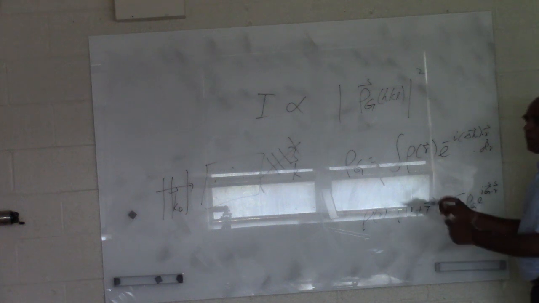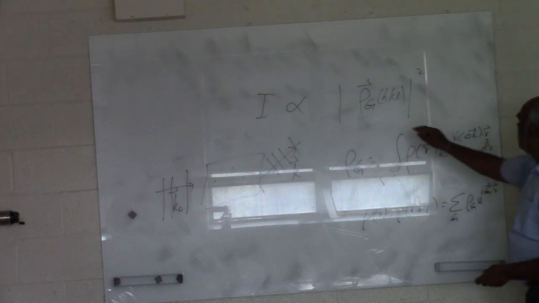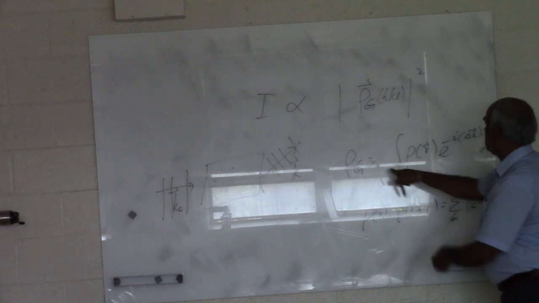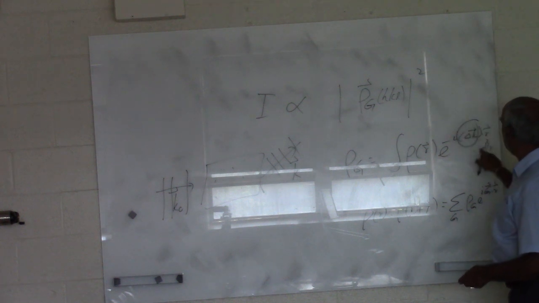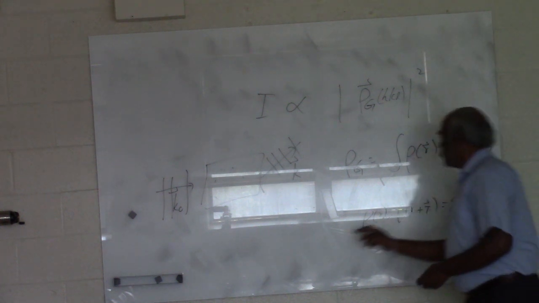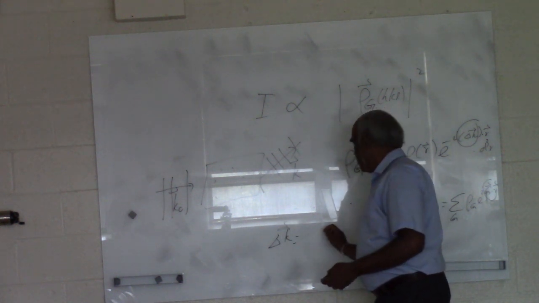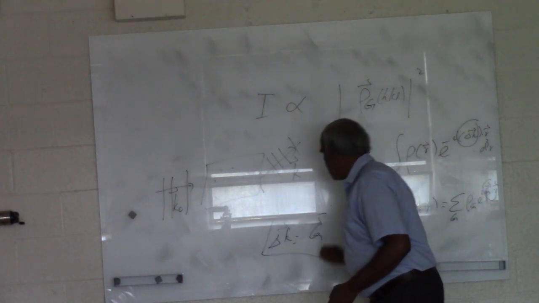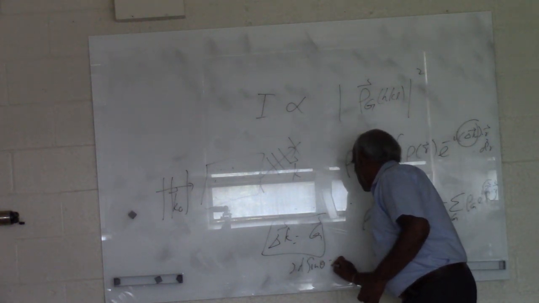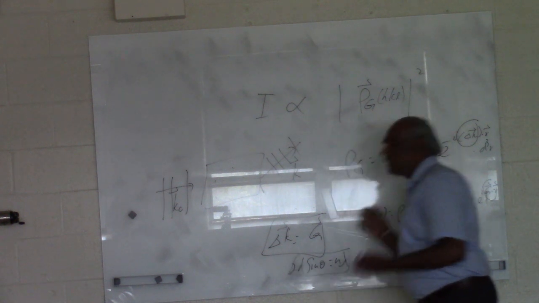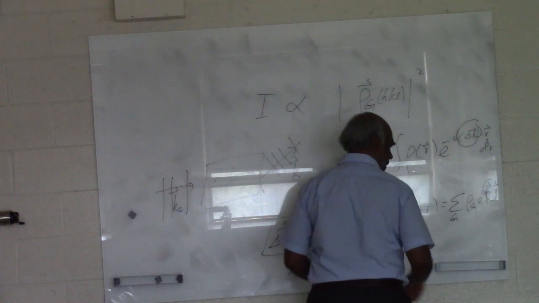You can only write this if you have a periodic function. If you compare these two, delta k is nothing but g, right? This is the same as Bragg's law, 2d sine theta equals n lambda. This is what we discussed in the last class.